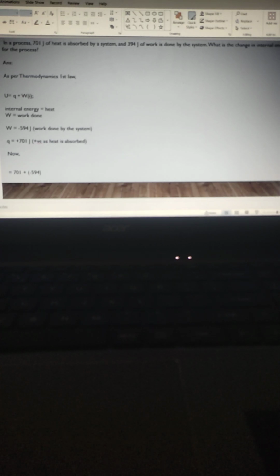So 701 plus negative 594, that gives negative 307 joules. Here it is 594.